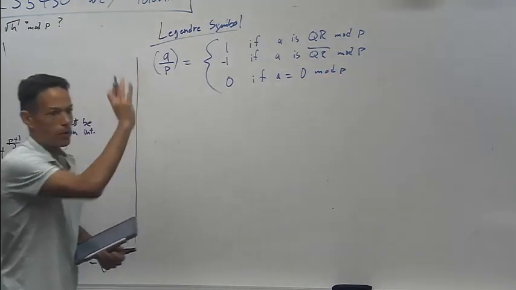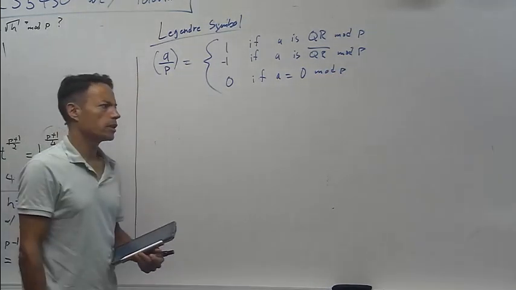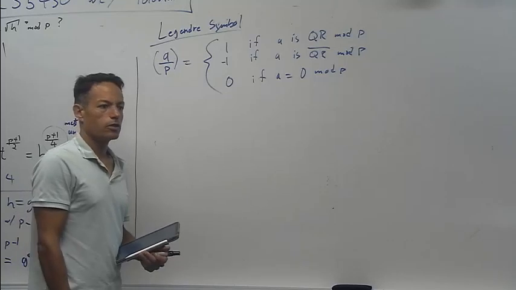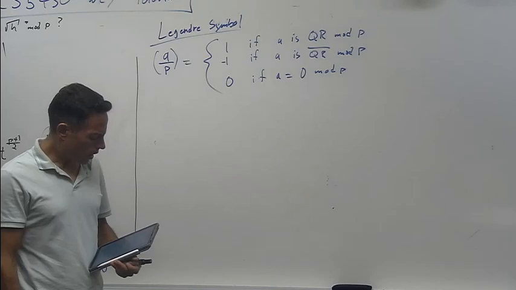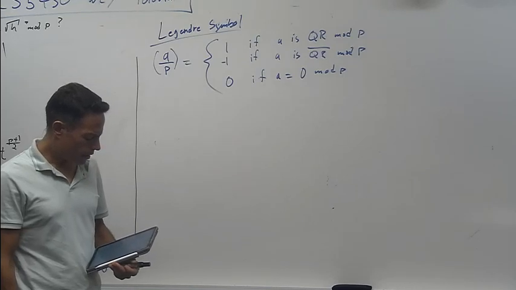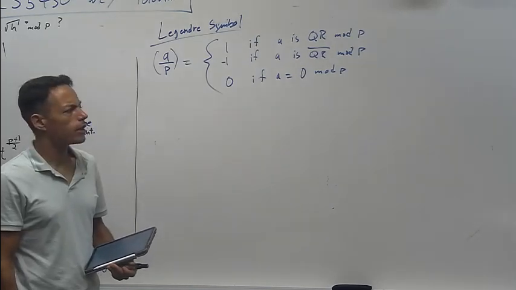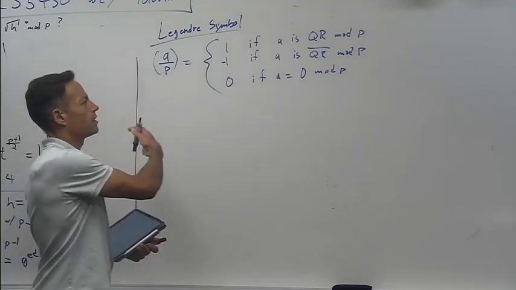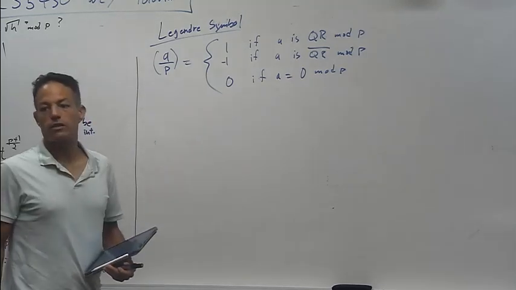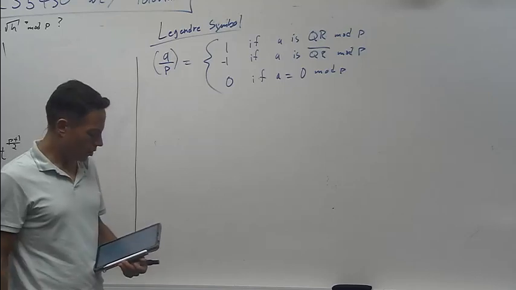So Legendre came up with this long after I think Euler figured out the totient function and everything else in terms of quadratic residues, and maybe it's Gauss, I can't remember. But Legendre figured this out long after we understood quadratic residues. But he said, hey, what if we write things this way? And it turns out this way of writing things is super helpful.